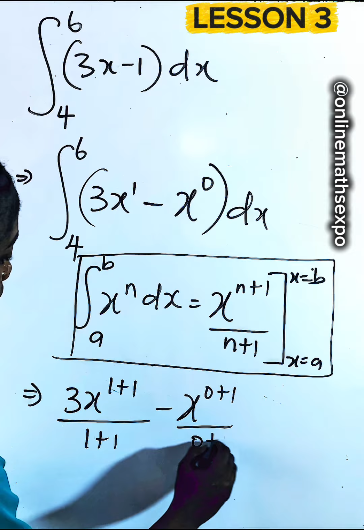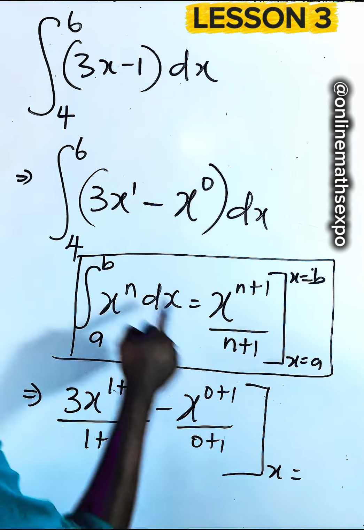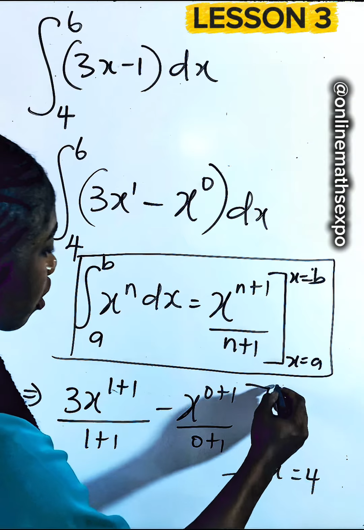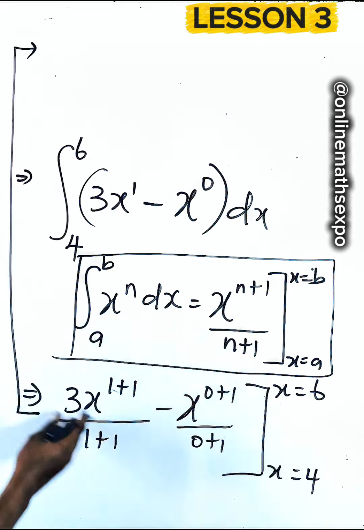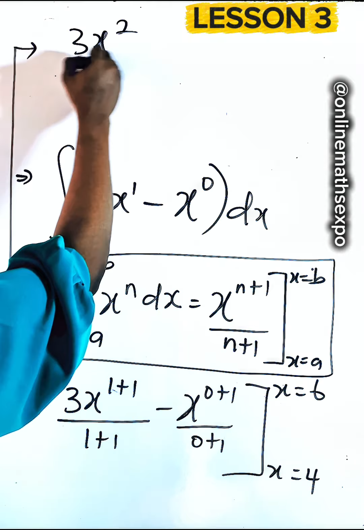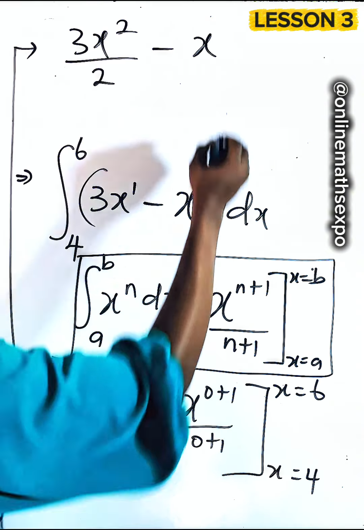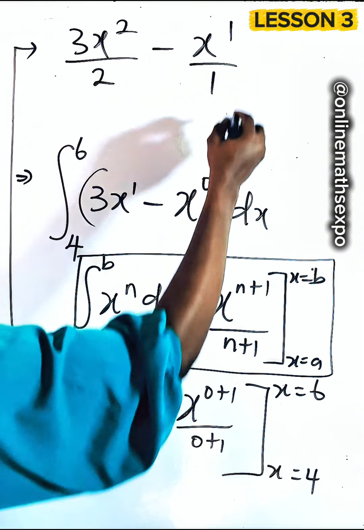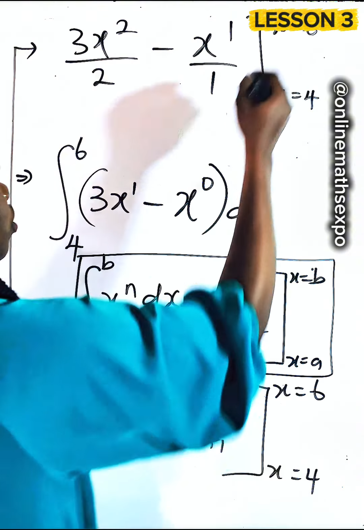Use the power to divide. Then we are ranging from x equals 4 to x equals 6. Simplifying, we now have 3x squared, divide by 2, minus x, add this, it gives you 1, divide by 1. We are ranging from x equals 4 to x equals 6.